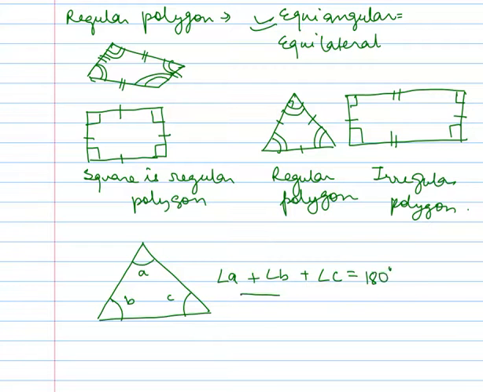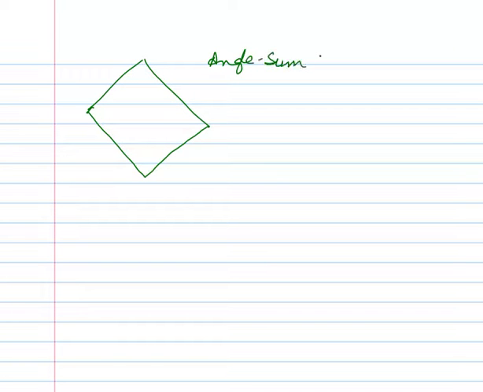This is known as the angle sum property, because it mentions that the sum of the angles of the triangle is equal to 180 degrees. Now if we look at a quadrilateral, then what will happen? We are going to find the angle sum property of a quadrilateral.